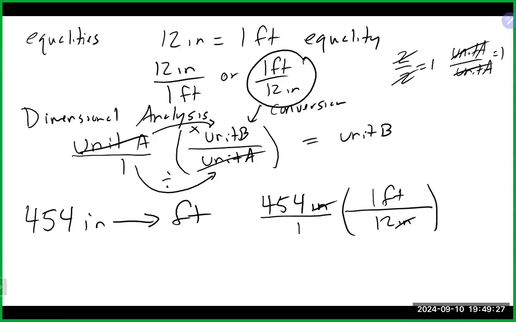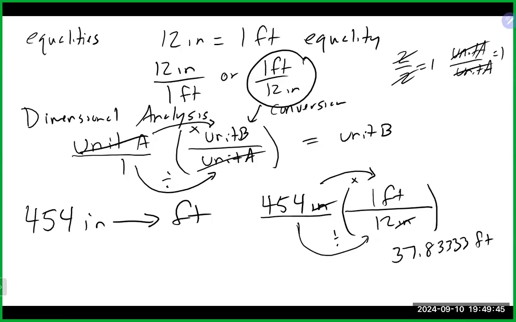They cancel. We multiply, which you really don't have to do because that's 1. We divide by what's on the bottom here. We take 454 divided by 12. Gets you this number here, 37.83333, a bunch of 3s feet.